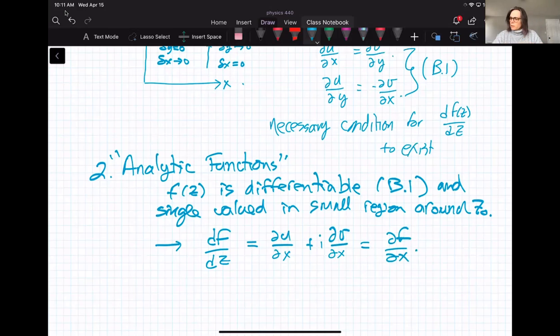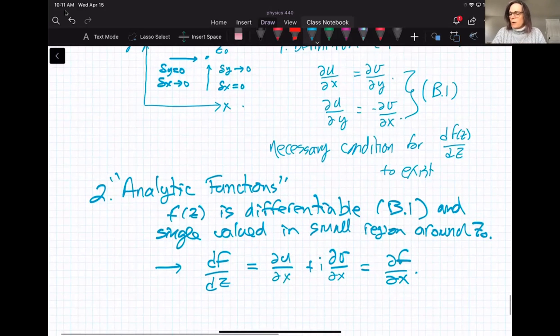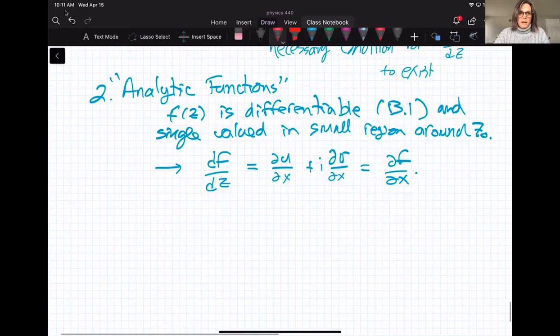That's just because we have in B.1 a way of connecting the derivatives of v with respect to y and u with respect to y to the derivative with respect to x.